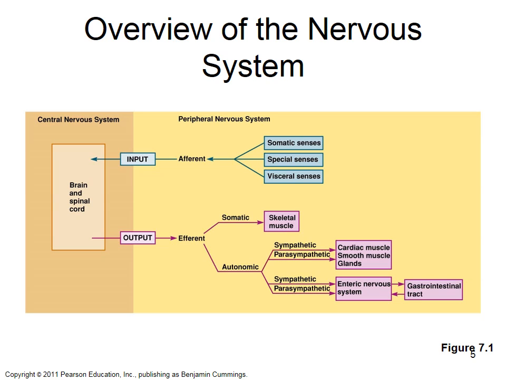Is your stomach filled with food or is it empty? What's the heart rate right now? You are not consciously aware of your visceral senses. You are consciously aware of your somatic and your special senses. The peripheral nervous system affects the central nervous system.